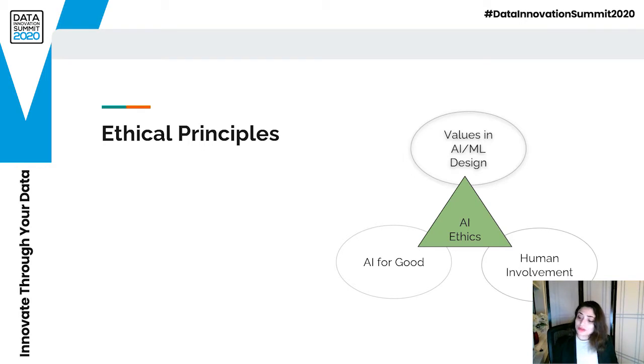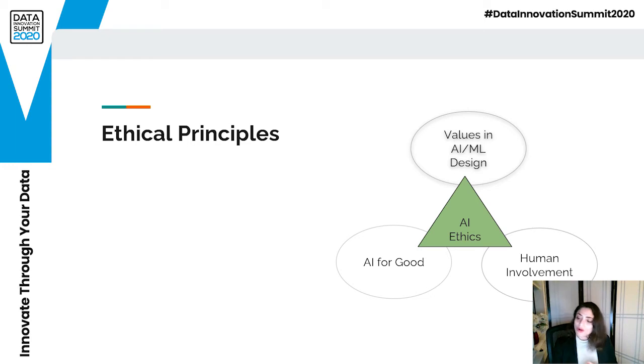Even more so, it is important for us to pay attention to the ethical principles, especially with regards to the data and the design of AI applications. There are three ethical principles that we need to keep in mind. Number one, always embed values in designing these AI-based applications, because values become one of the important aspects of ethics.